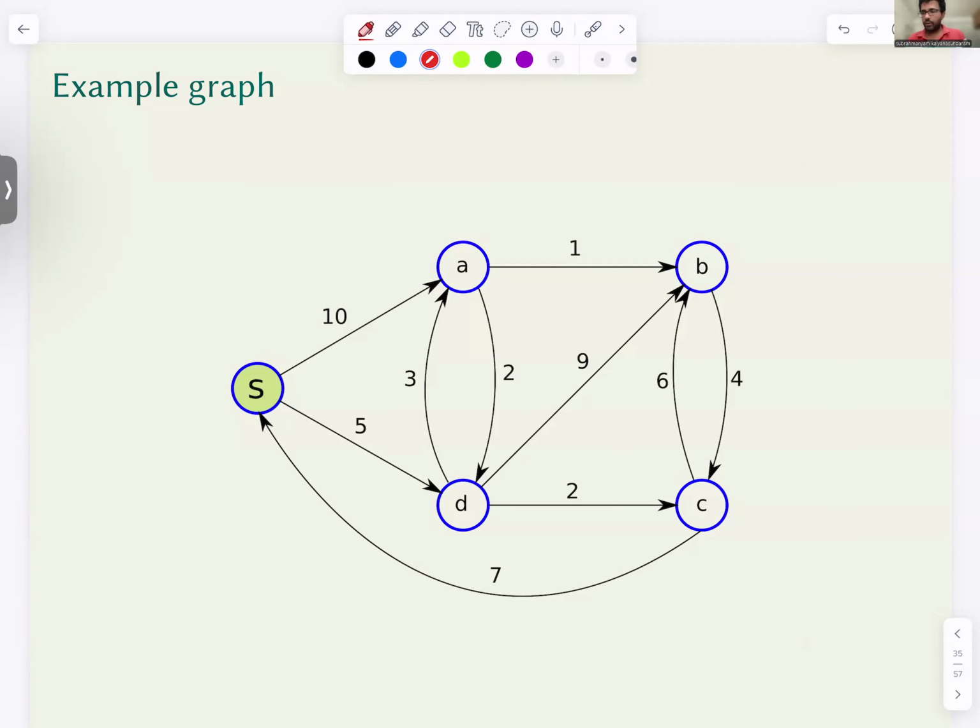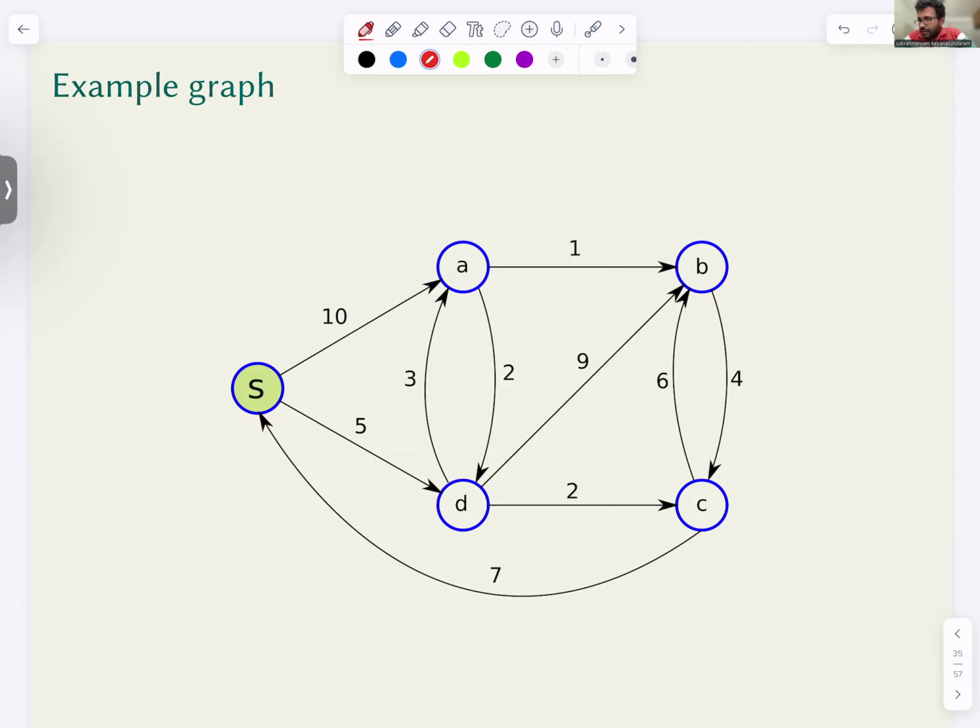And can you get the shortest path in this graph by using BFS in the other graph? Is the question clear?